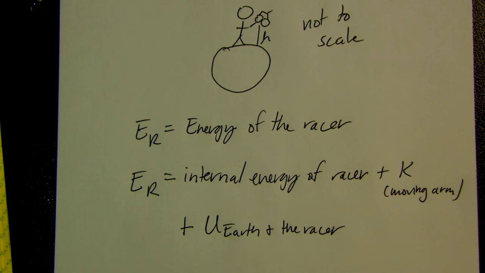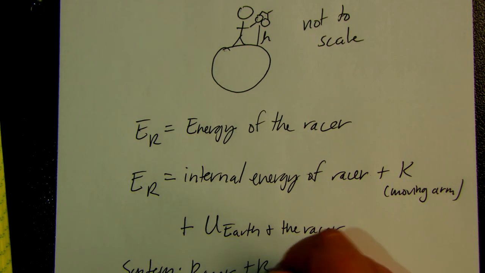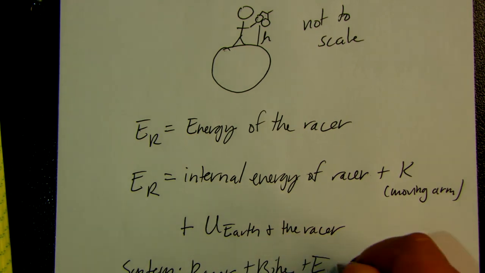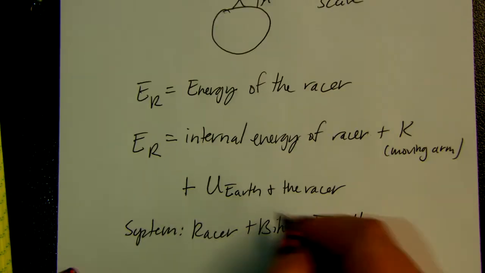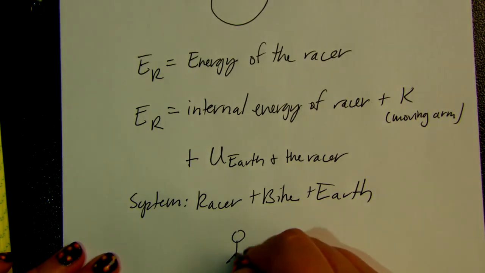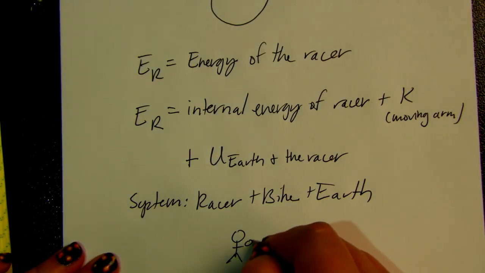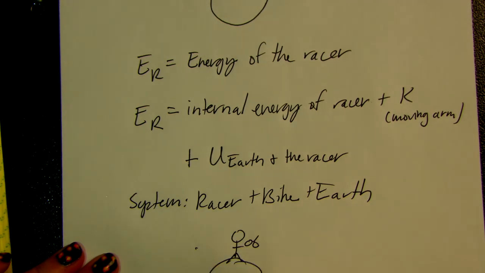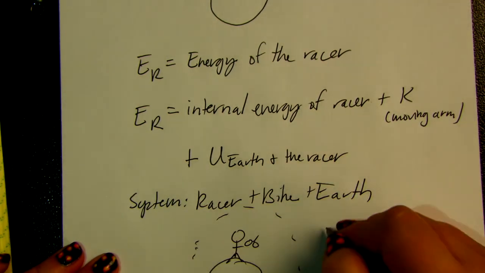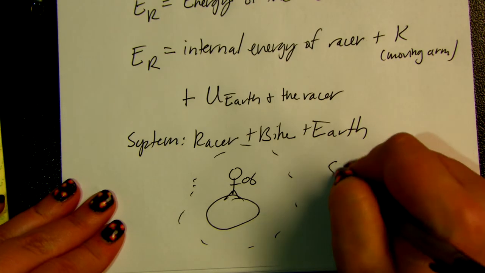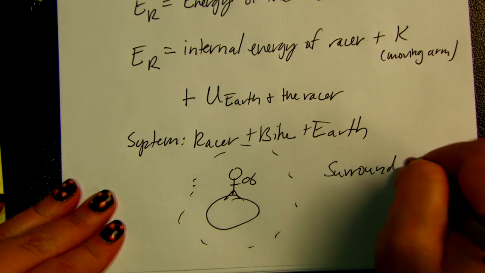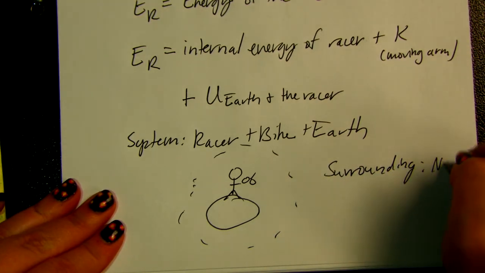So the first system we're going to look at is the racer plus the bike plus the Earth. In this particular setup, there is nothing in the surroundings.